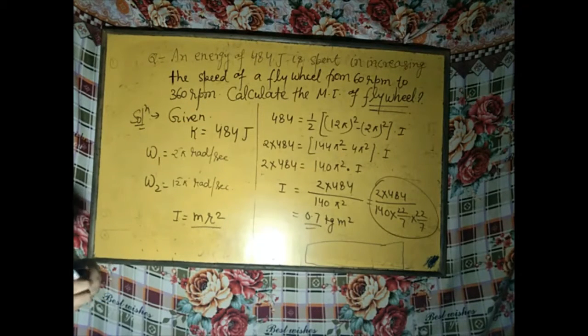So I hope you understand this question. This is a very important question, and you can solve this question. The most important part of this question is the use of the work energy theorem.